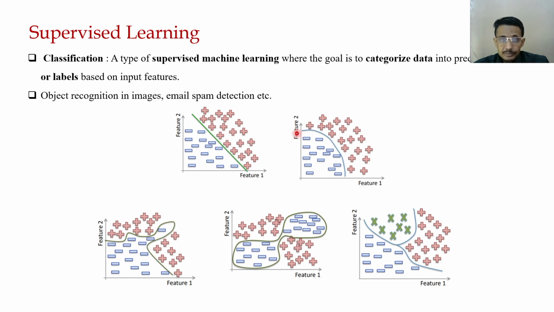This decision boundary may be anything. It is based on the hypothesis function, and by virtue of this separator, if new data comes, we can find which side it is placed on. So this is the basic example of binary classes. It may be extended to more than two classes; a three-class or multi-class problem is possible.